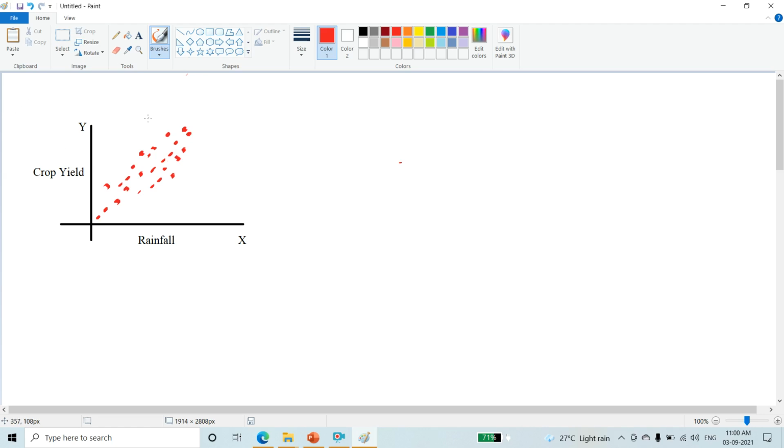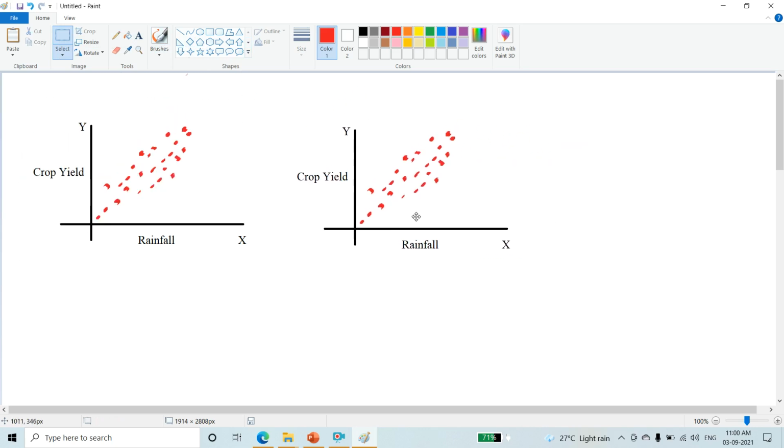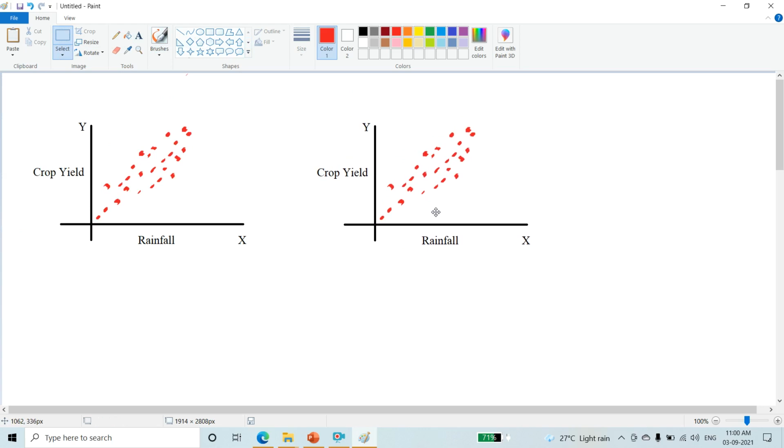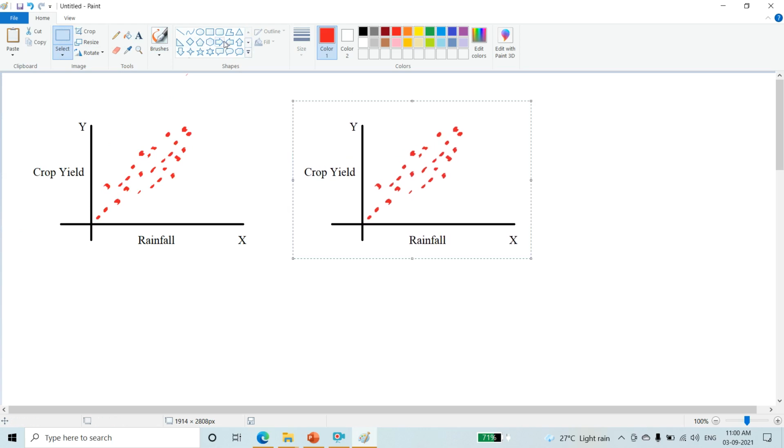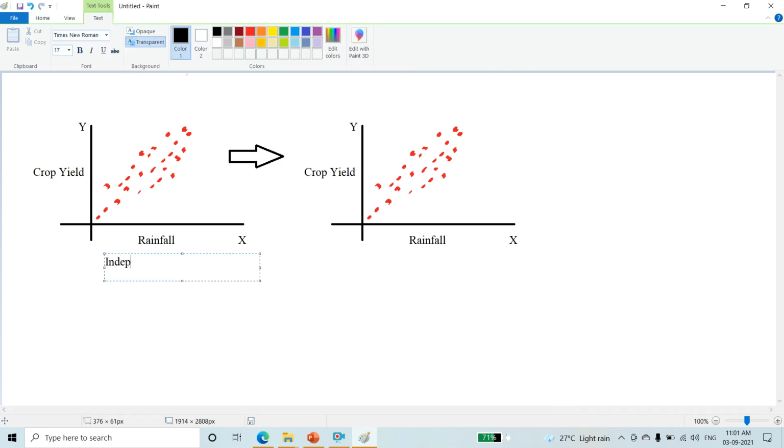Here we draw a line through the middle of the data. Rainfall is our independent variable.